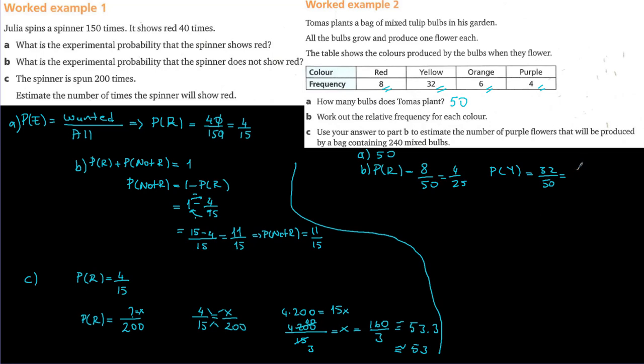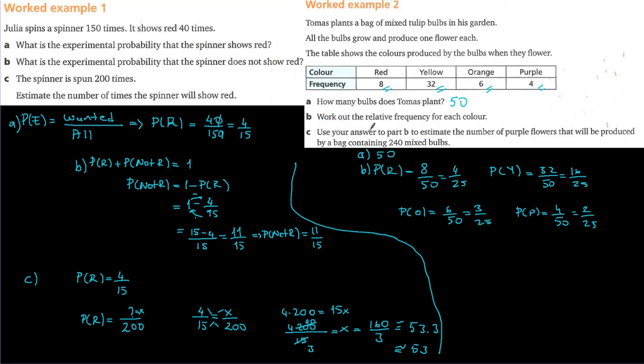When you divide by 2, it's going to be 16 over 25. Probability of orange is equal to 6 over 50. When you divide by 2, it's going to be 3 over 25. And probability of purple is going to be 4 over 50, which is equal to 2 over 25.